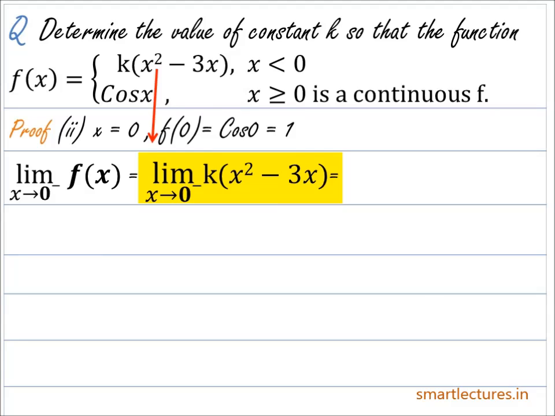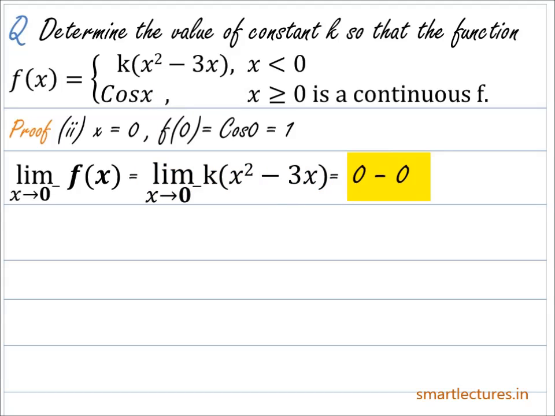So left hand limit can also be written as limit x approaches 0, k into x square minus 3x, which is equal to k into 0 minus 0, or k into 0, and which is equal to 0.